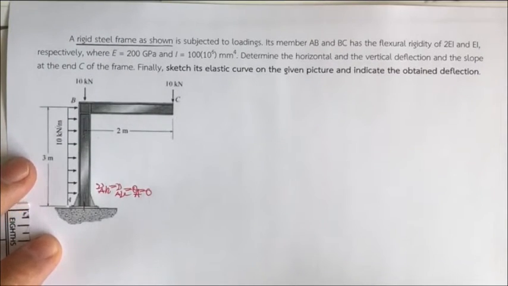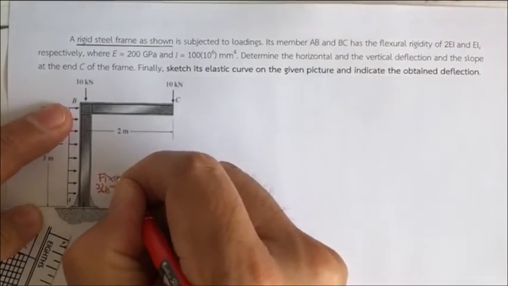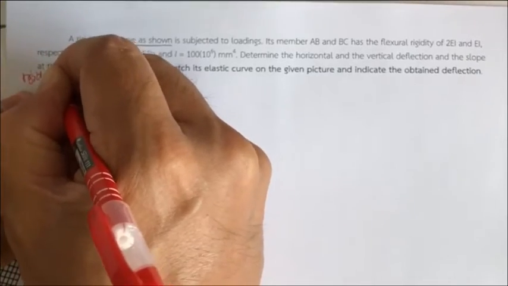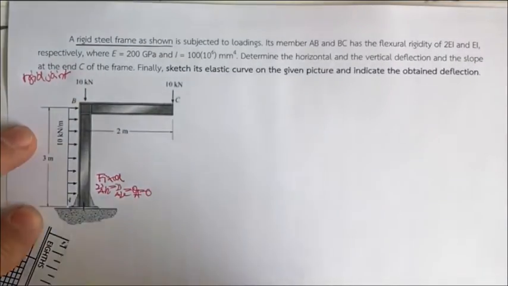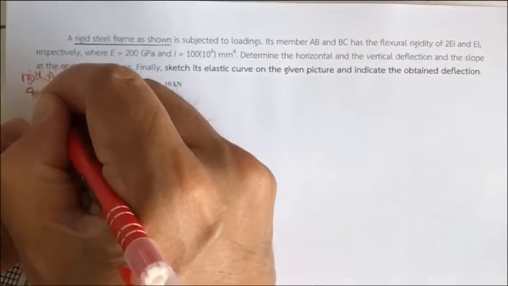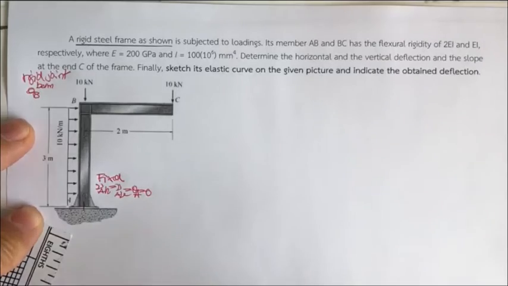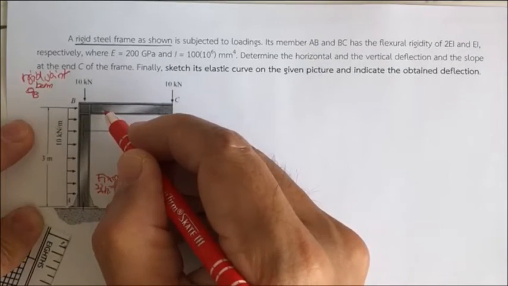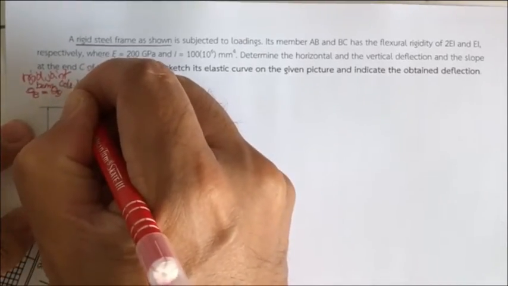okay? And this one is a rigid joint. What we have for a rigid joint is that theta sub B of the beam is equal to theta B of the column.